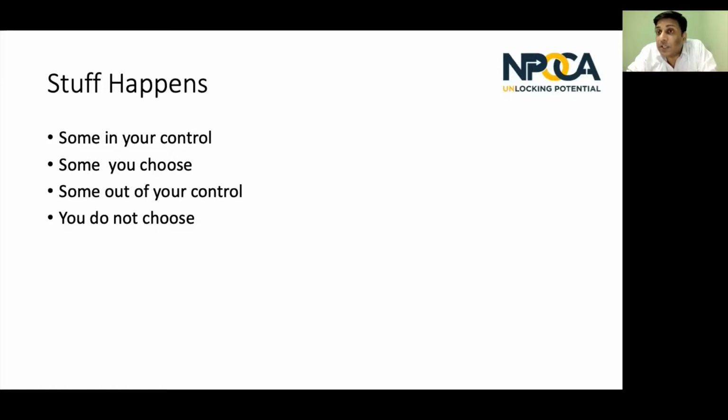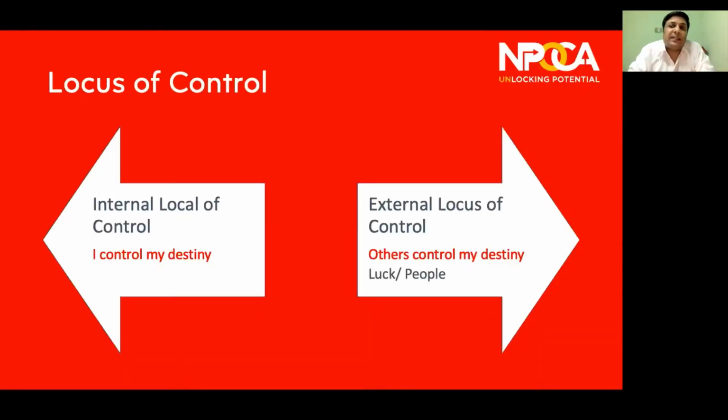When you are in control does not mean you choose. There'll be times when it will be outside of your control, or you're not choosing it. Regardless of that, it is important that I understand where the locus of control is.